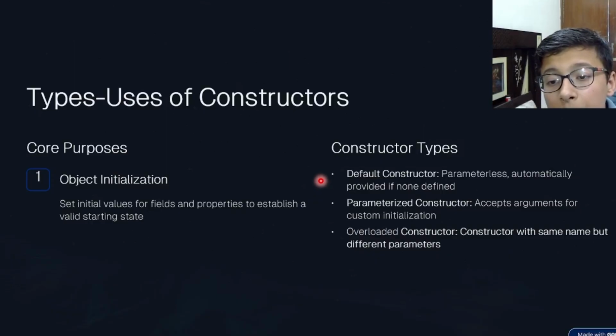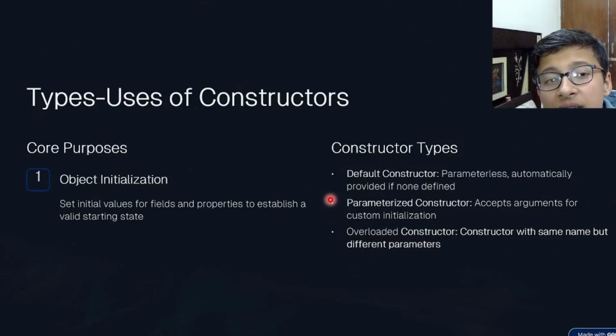First, we will learn about the default constructor. A default constructor is created when you create an instance, which is known as an object, of a class. If you have not created a constructor on your own, C Sharp will automatically create one for you. Second is the parameterized constructor.